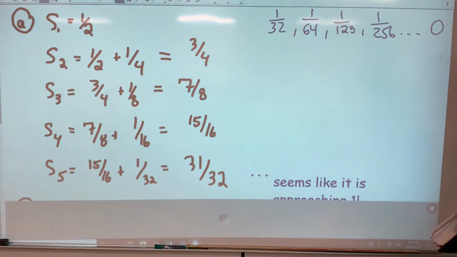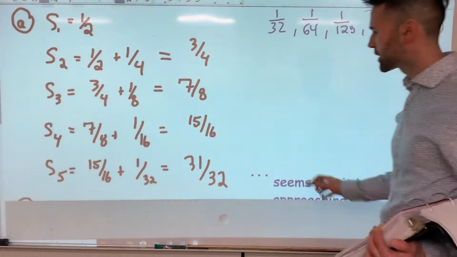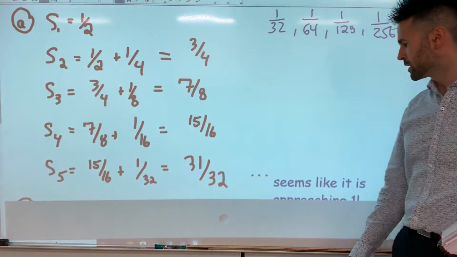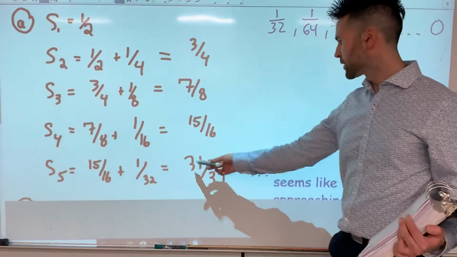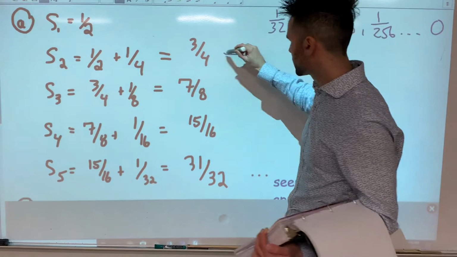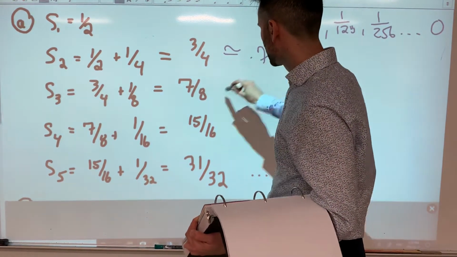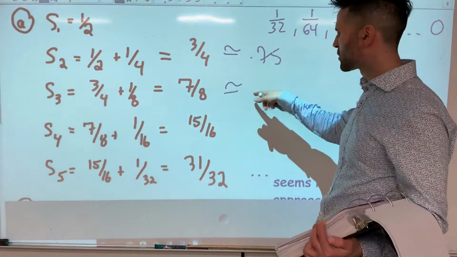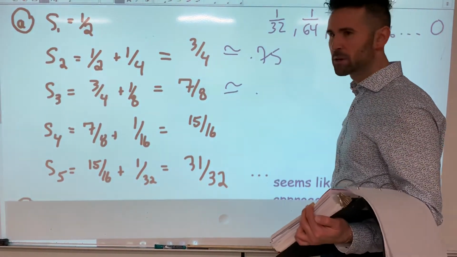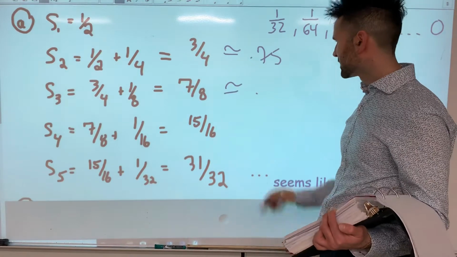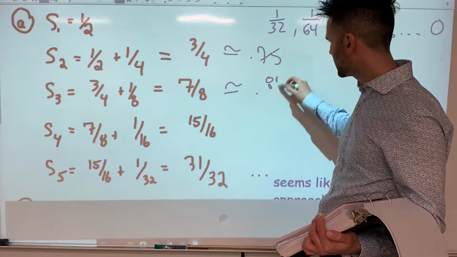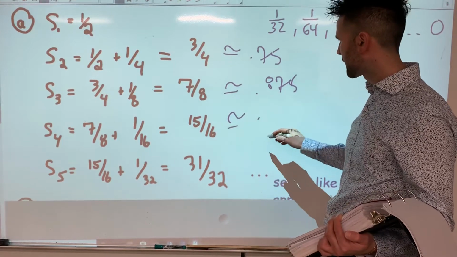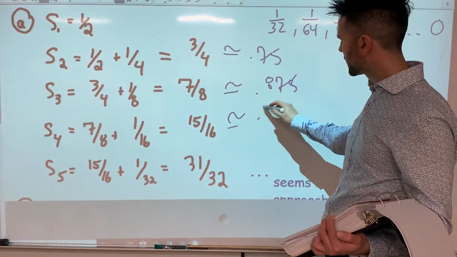The answer is yeah. And it turns out, you don't need to calculate very many sums before you start getting close to the number that it's approaching. As you can see, this is 0.75, right? And then what's this approximately? Someone have their calculator? Right, so we're at 3/4, 0.75, and then we're at 0.875, okay.